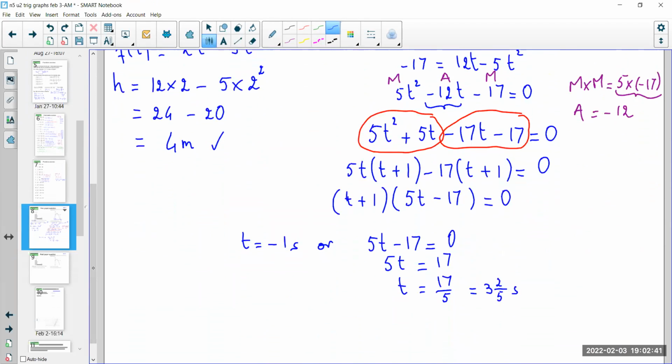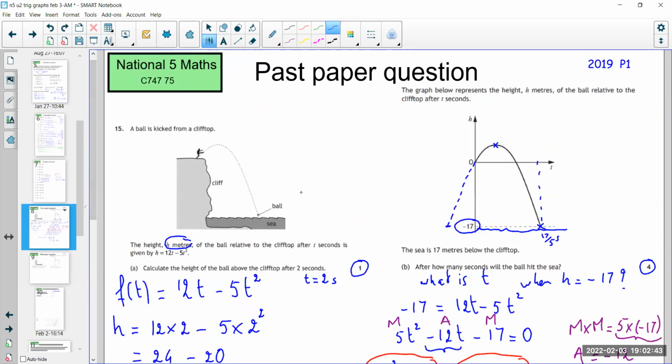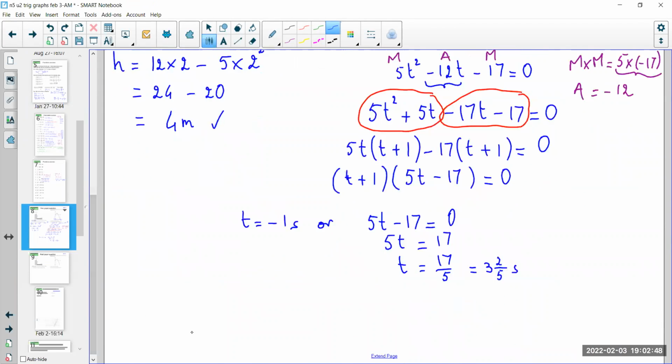Which one do you think we should pick? The negative one or the positive 17 over 5? To get the mark, since t is positive, the only possible answer is the positive one.